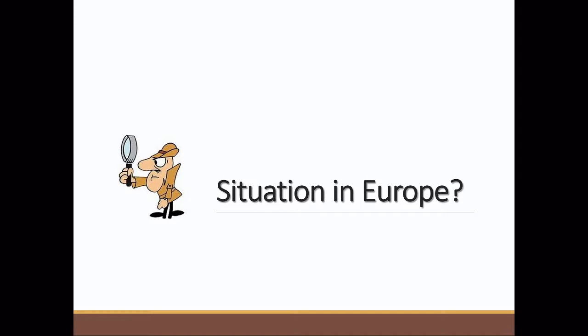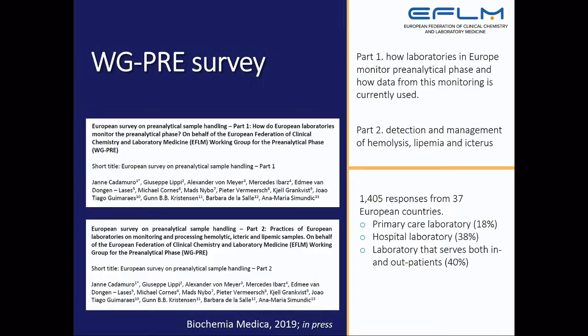Okay, and finally, what is the situation in Europe, and how do we deal with hemolysis in Europe? So to understand this, we have done a large survey study, and out of this study, 2 papers came out. The first one was aimed to understand how laboratories in Europe monitor the pre-analytical phase and how do they use those data.